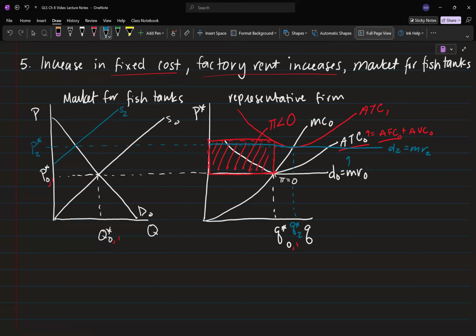Each individual firm is producing more, but there are fewer of them. So in the market, that's going to translate to less traded overall. And now that the marginal revenue curve is back equal to the minimum average total cost for the firm, profits have returned to zero. So that's our full analysis for number 5.